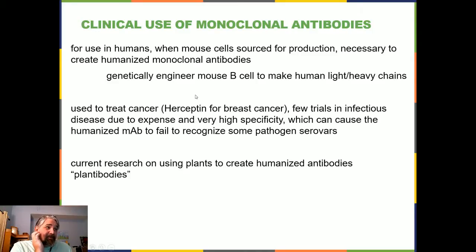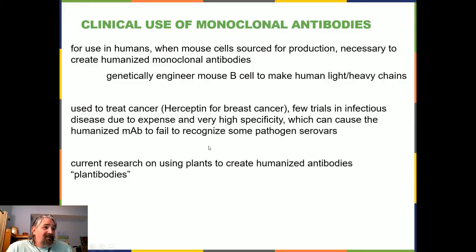All right, so clinical uses in humans. When mouse cells are the source for production, we have to create humanized monoclonal antibodies, where we genetically engineer the mouse B cell to make human light and heavy chains. You can use this to treat cancer. Herceptin for breast cancer is an example.